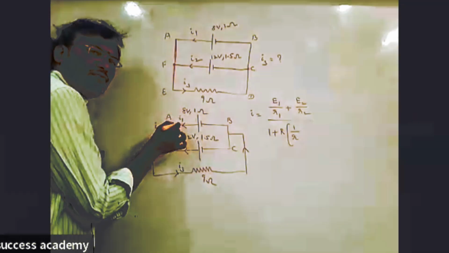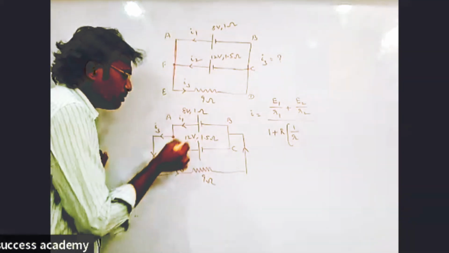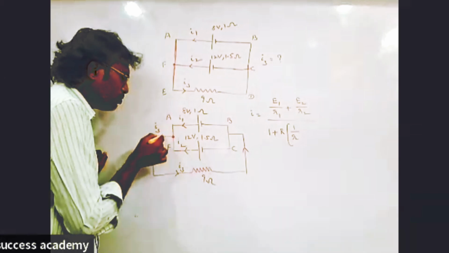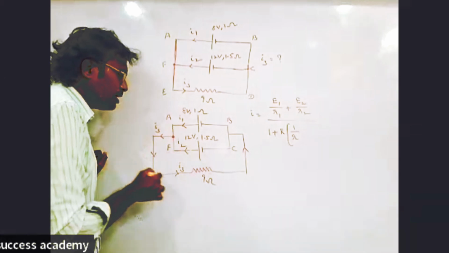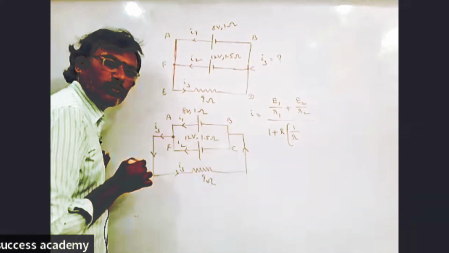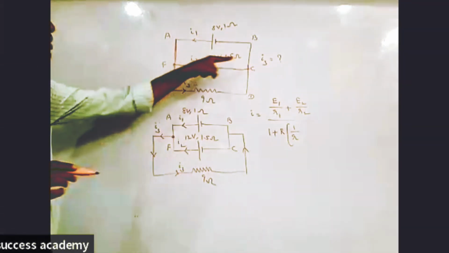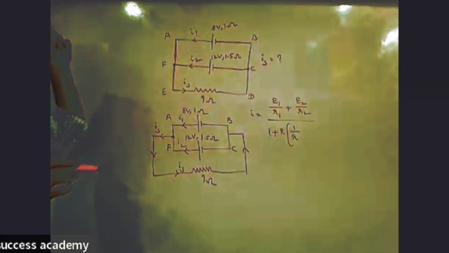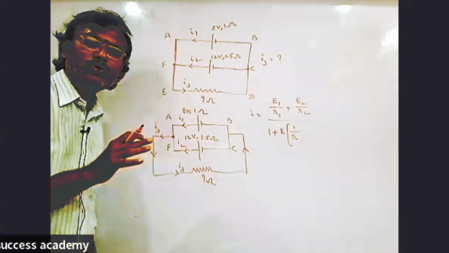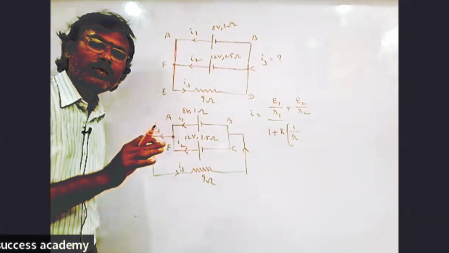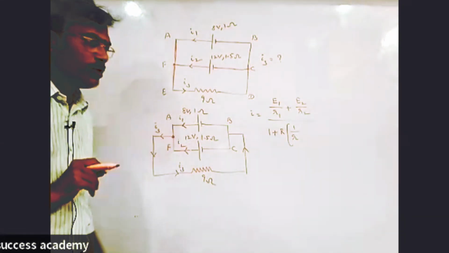And from this cell I1 is coming, from this cell I2 is coming. I1 and I2 both are moving towards this side, that is I3, moving like this. The current passing through the 9 ohm resistor is I3, that we need to calculate. And this circuit is very similar to the part which I gave earlier with a formula. What's that formula?